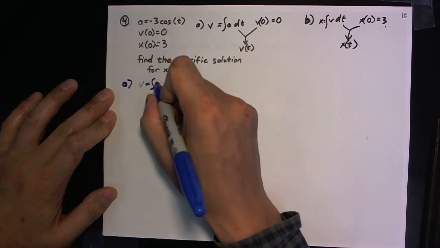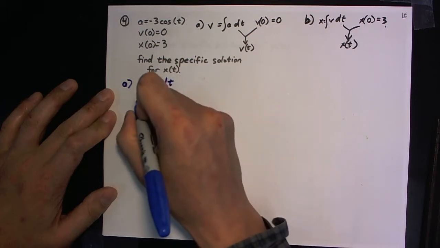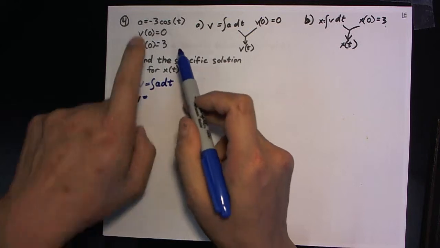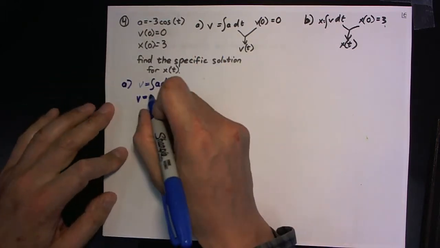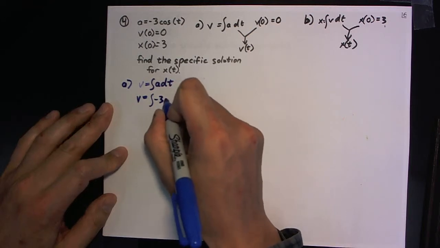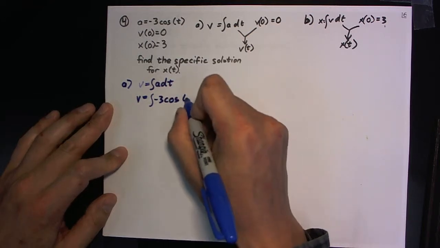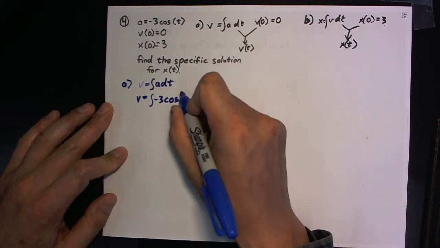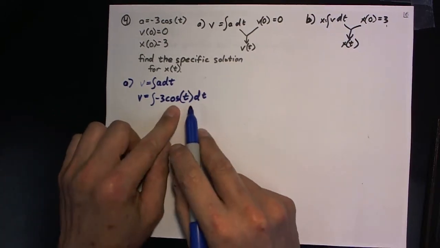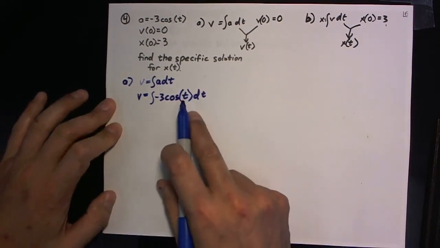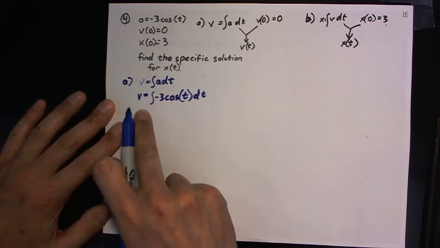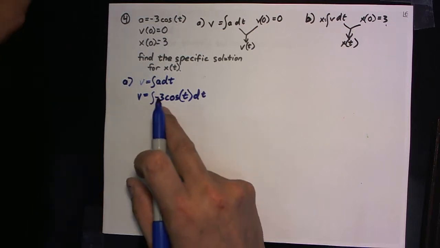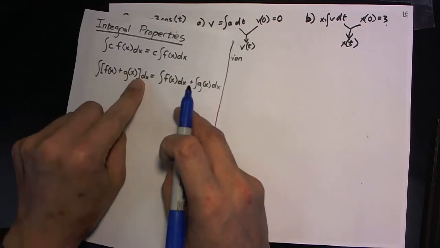Velocity is the integral of acceleration with respect to time. So we got an a here, we got a equals stuff here, take this stuff in, put it in here, integral of -3 cosine of t dt. You can keep the parentheses or not, depending on whatever you want. All right, no functions that are added or subtracted from each other, so we do not need this identity.